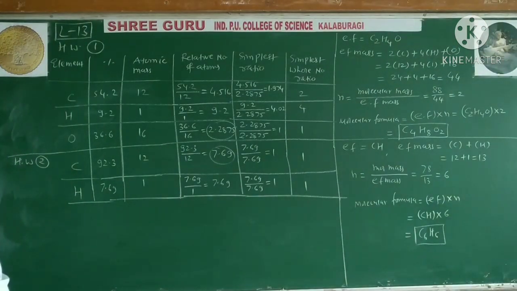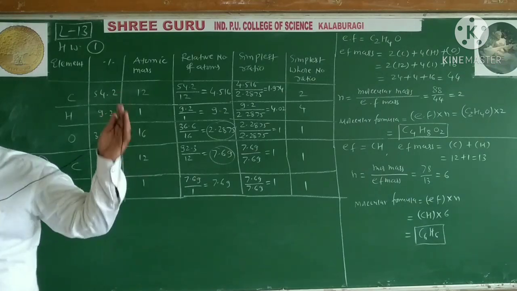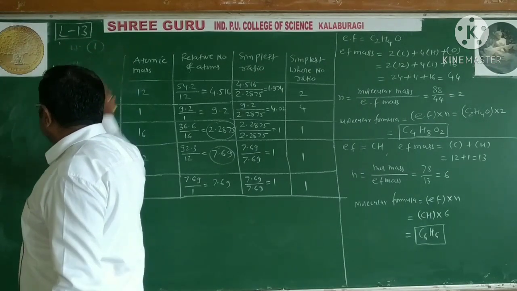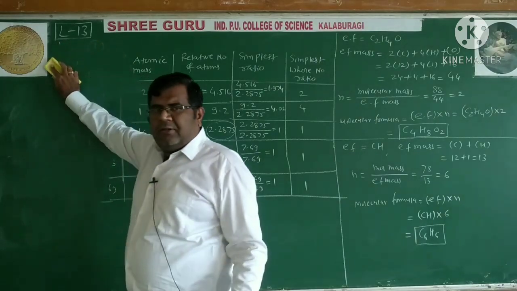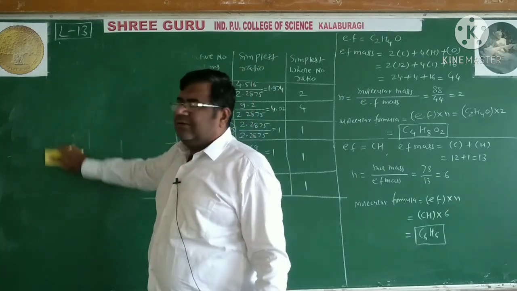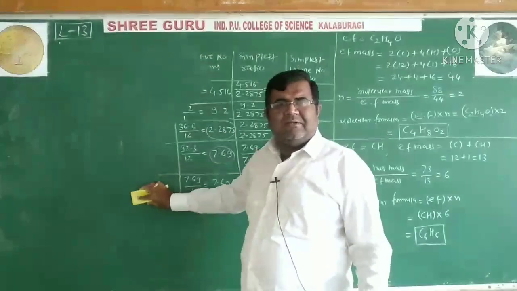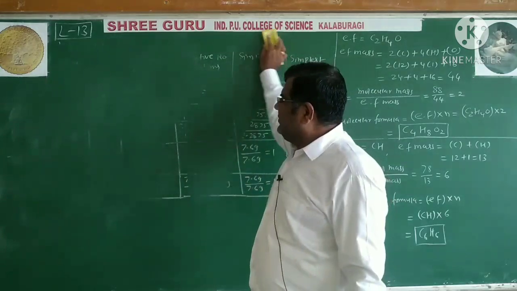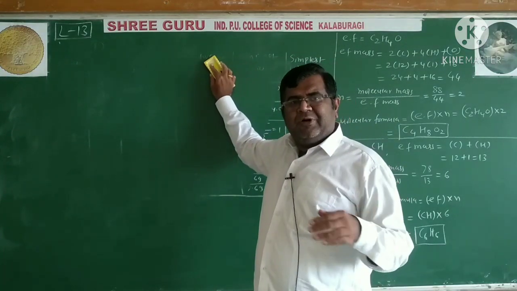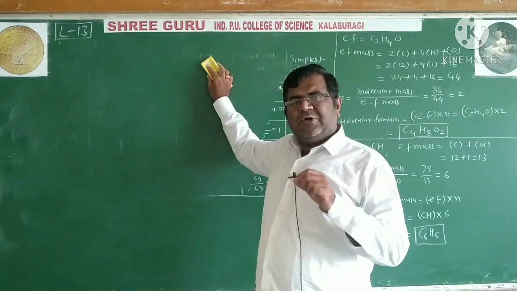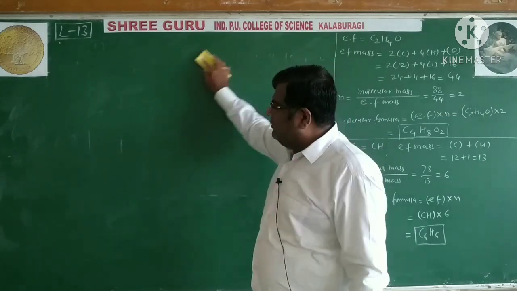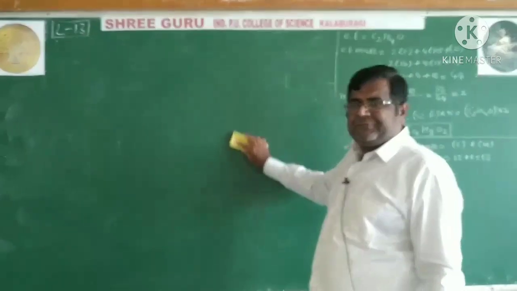Now we'll go to the next part in some basic concepts of chemistry. Quite a lengthy topic, even though this year they have reduced the syllabus to 30%. If you are referring to the textbook, there are laws of chemical combination, law of conservation of mass, law of definite proportion.